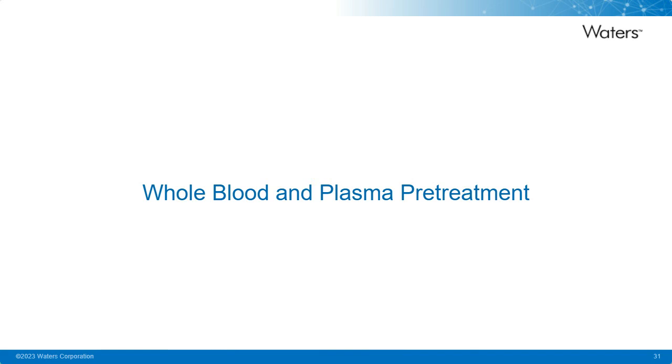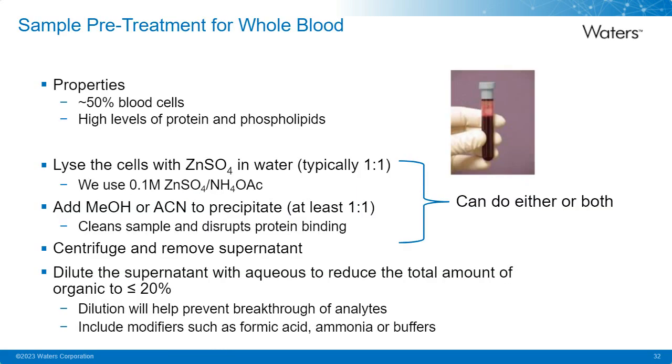Whole blood and plasma, a little more common for clinical samples. For whole blood, we talked about the fact that there's a lot of blood cells as well as high levels of protein and phospholipids. So often what we'll want to do is lyse cells with zinc sulfate or ammonium acetate, some combination, and then precipitate in acetonitrile or methanol, which will clean the sample and disrupt protein binding.